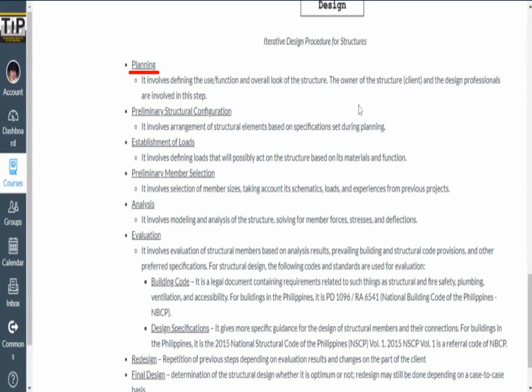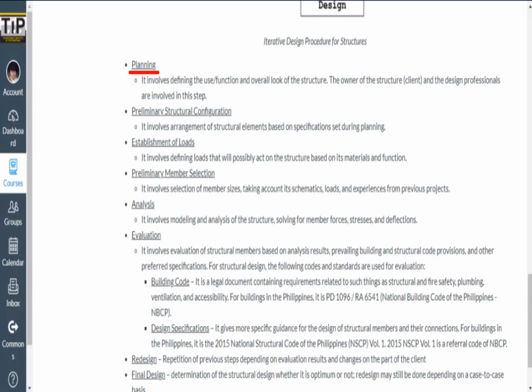You will talk about the client specifications, the client preferences, the requirements by each of the professionals. Say for architects, it would be the clearances, the building code requirements.